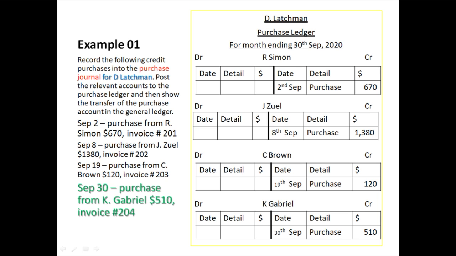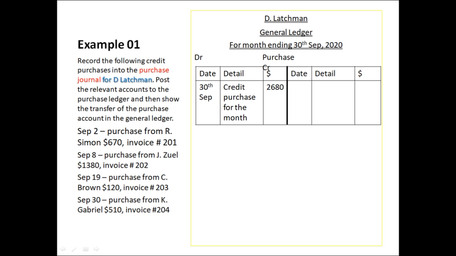Now that we have finished the purchase ledger, we have to do the general ledger. Now the general ledger is our account, the business's account. So we create our debit and credit side. We add up all of the amounts within the purchase ledger, which is $2,680. And we ask ourselves, are we losing or gaining here?